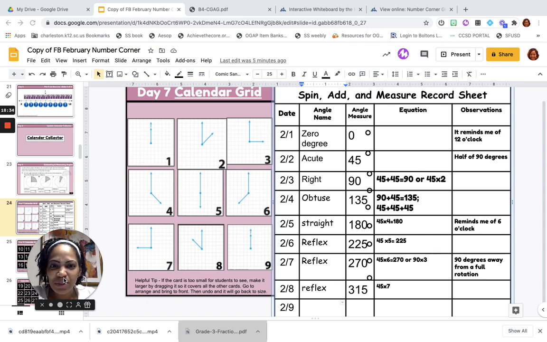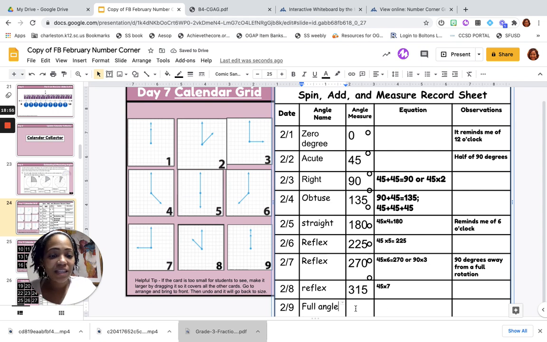It can't be a 0 degree angle, right? We have made one full rotation around our imaginary clock or circle. So guess what we're going to call that? That is a full angle. We have completed a full rotation, full angle, which measures 360 degrees.